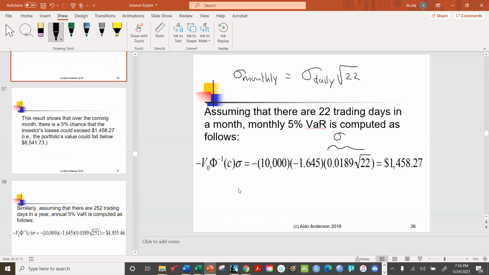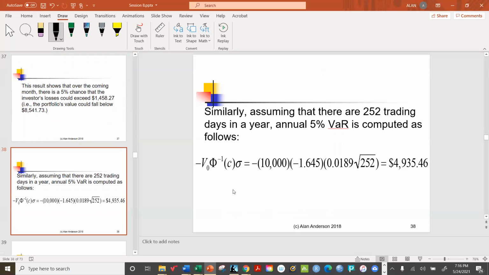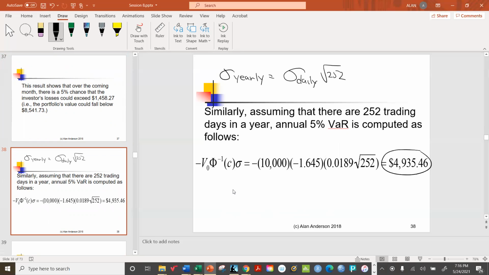So if I want to amp that up to a year, as we've already seen, times the square root of 252, wow, that's almost $5,000. We could lose almost half the portfolio over the coming year, but you know, it happens.